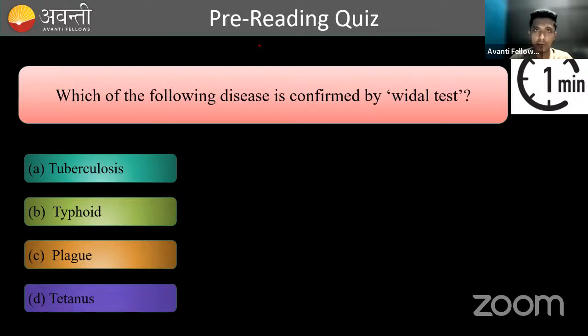Okay, you have reached your time limit, that is 1 minute. So I'm going to end the poll right now. Let's see if your answers are right. The Widal test is a test that is done to detect typhoid, and the causative agent for typhoid is Salmonella typhi. This causative agent is a flagellated organism.